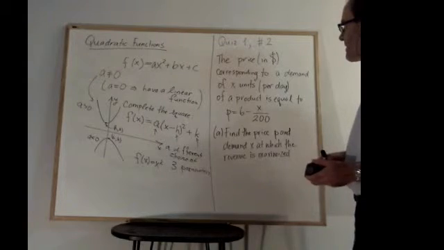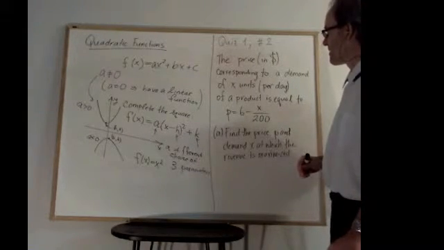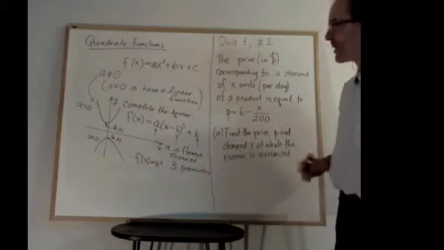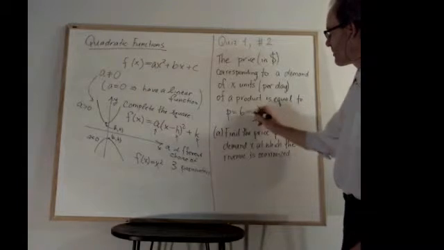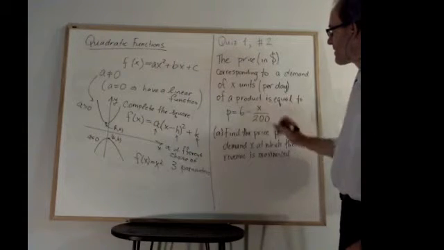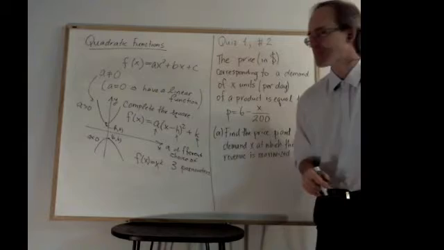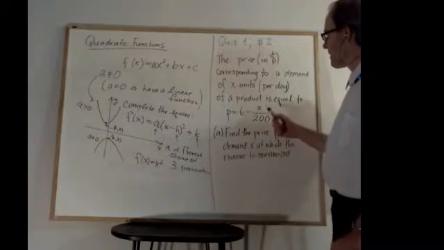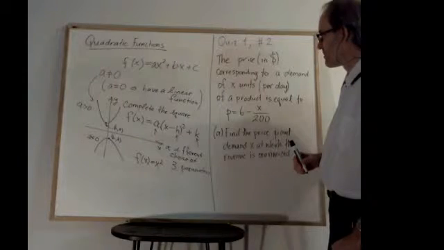Okay, so generally in economics, if the price goes down, then the demand will go up. And you can see that here as this thing has a negative slope. So if the demand is greater, if x is greater, that's how much people will buy per day, then the price will be correspondingly lower.